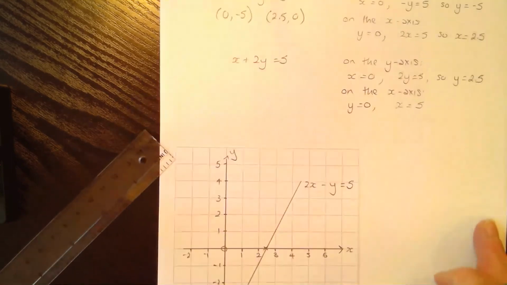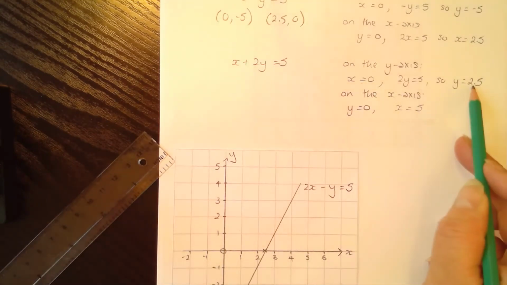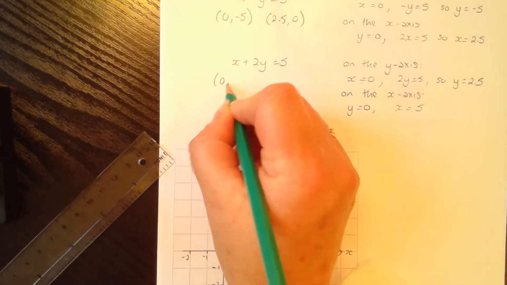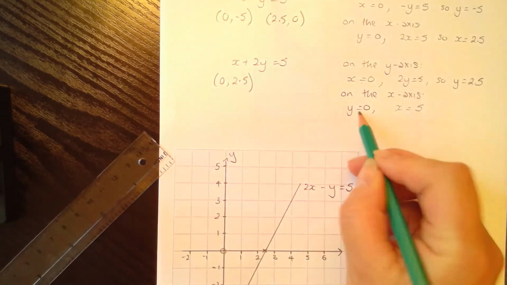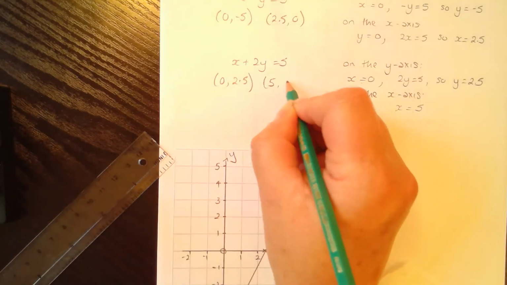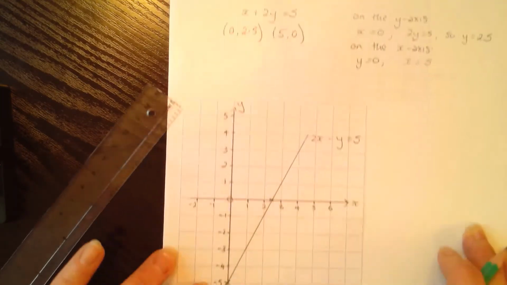My other one here, my coordinates are going to be x is 0 and y is 2.5, so that's 0, 2.5, and x is 5, y is 0, so 5, 0. I'm going to plot those 2 points on the same axis.